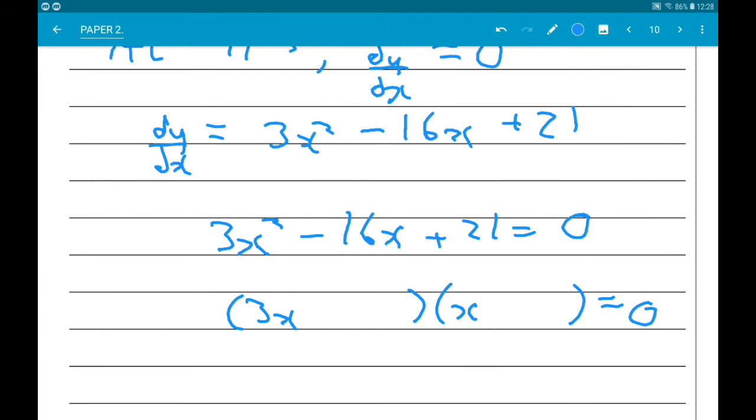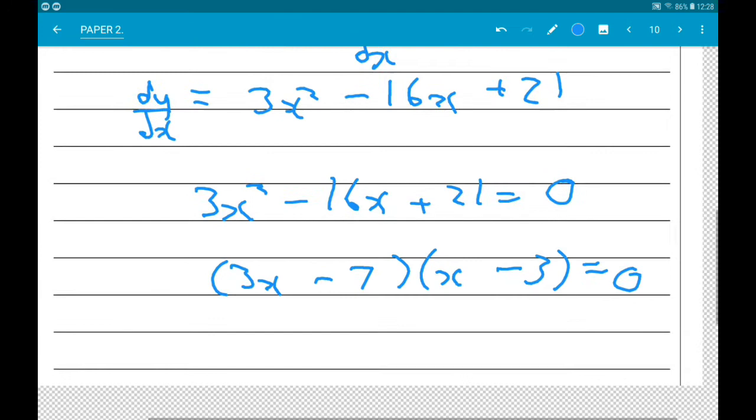It's also positive 21, but negative in the middle, so both numbers are negative. So if we put a minus 3 there, that gets us minus 9x, and then a minus 7 does the job.